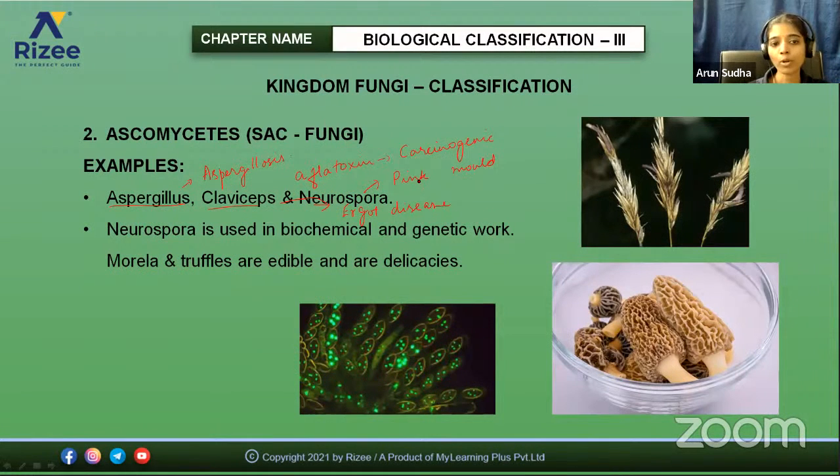This Neurospora is mainly used in biochemical and genetic work. And Morels and truffles are edible. So some fungi are edible and they are used as delicacies.